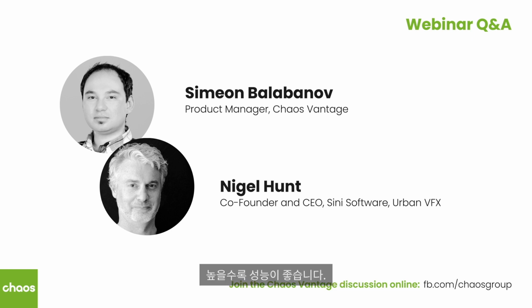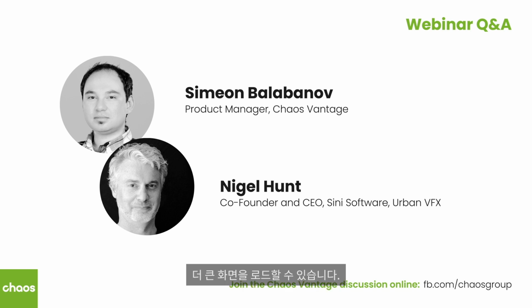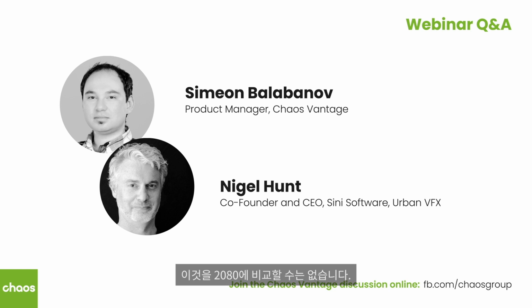The higher it is, the better the performance, and the other difference would be memory available on the GPU. The Quadros, as a rule of thumb, have larger memory pools, and they can load larger scenes. In this case, the 5000 would be more performant than the 4000, obviously, but I cannot compare it to the 2080 because I can't remember the RT cores amount.